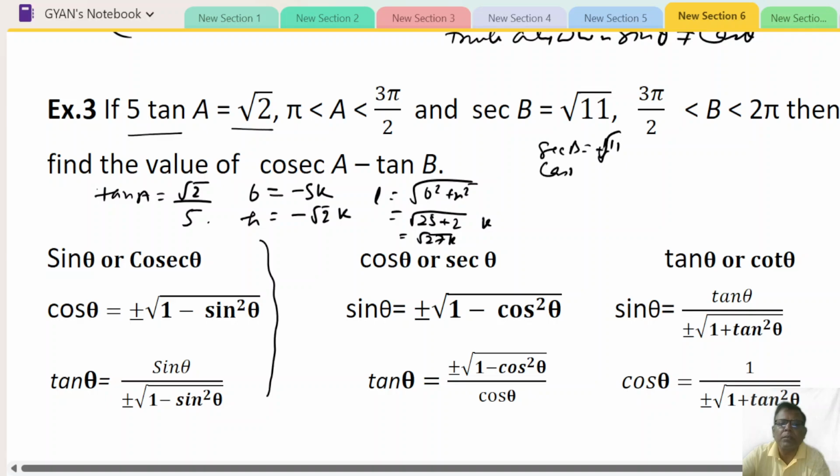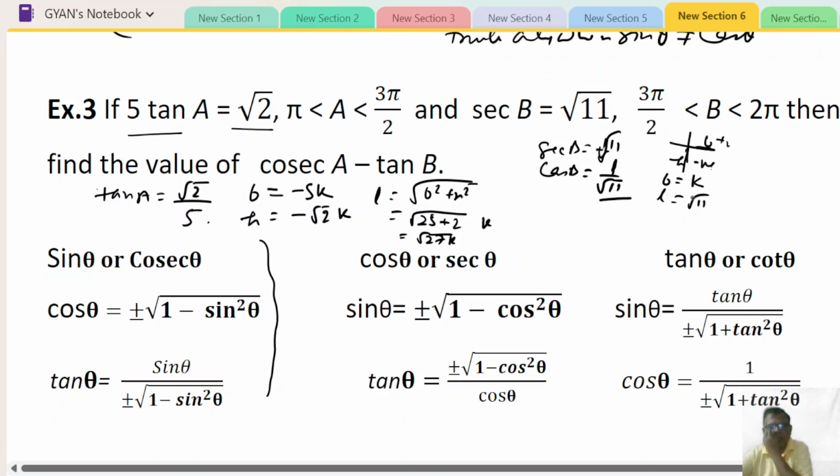So cos B is equal to 1 by root 11. Here this is base and this is hypotenuse. And in which quadrant is it? In fourth quadrant. So fourth quadrant, what happens? Fourth quadrant B positive and H negative. So B will be 1k, L is also root 11k.